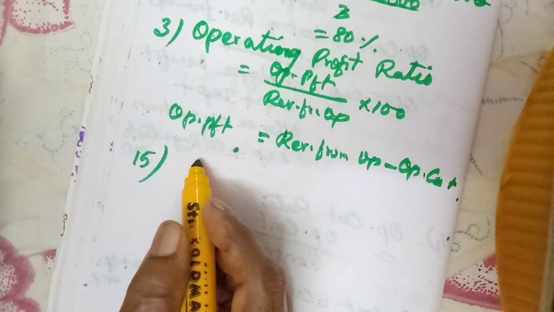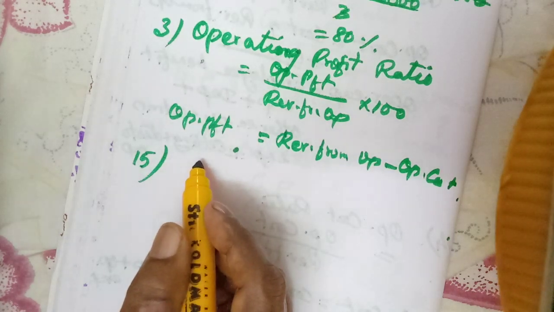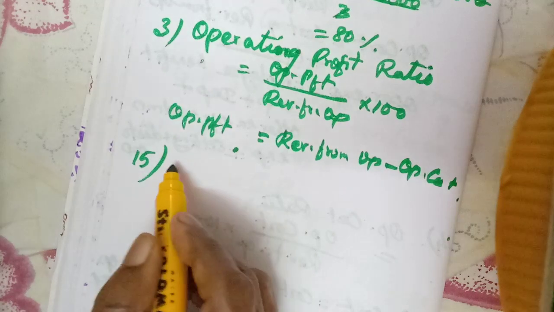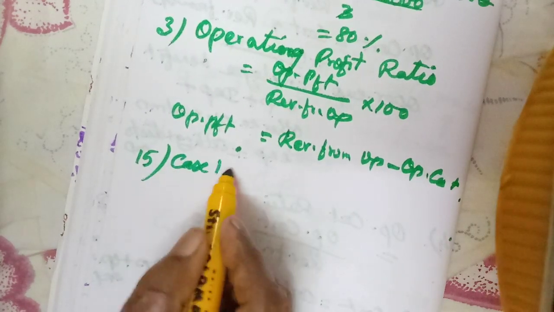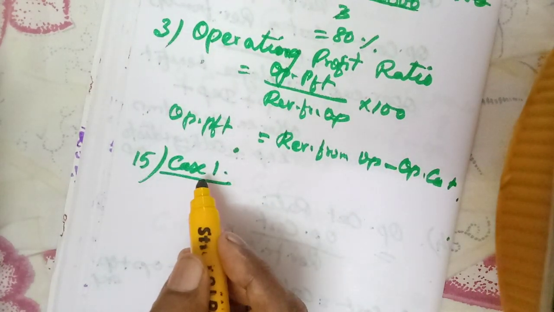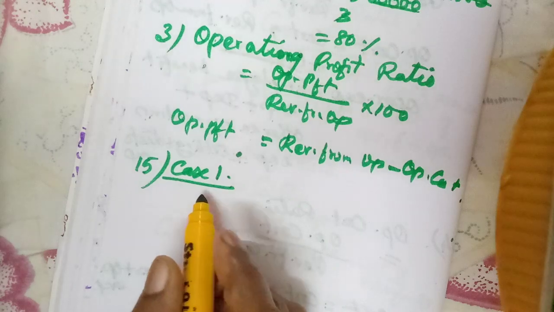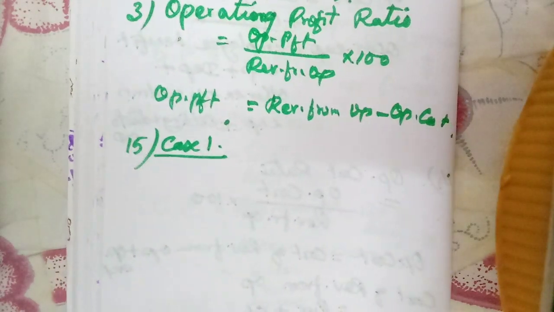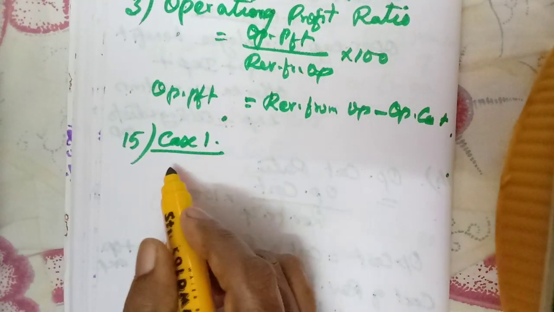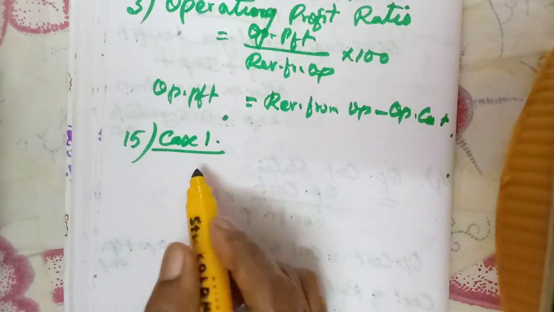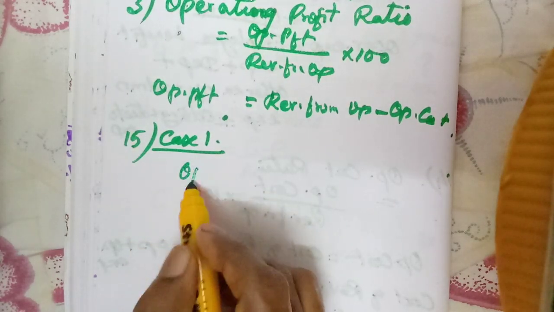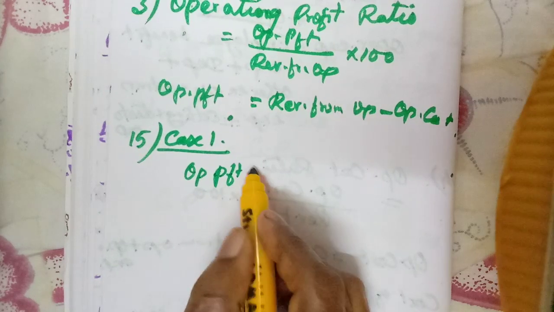Okay, calculate operating profit ratio under the following cases. First one, case 1. Revenue from operation 8 lakh, operating profit 2 lakh. So first we have to write operating profit ratio.